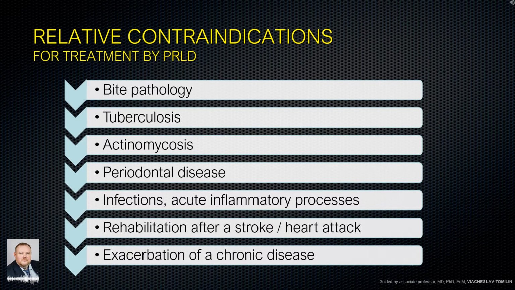In the group of relative contraindications for wearing a removable structure: bite pathology, tuberculosis, actinomycosis, periodontal disease, infections, acute inflammatory processes, rehabilitation after a stroke, heart attack, exacerbation of a chronic disease. In the latter cases, the construction can only be worn after the patient has recovered or entered the remission stage.